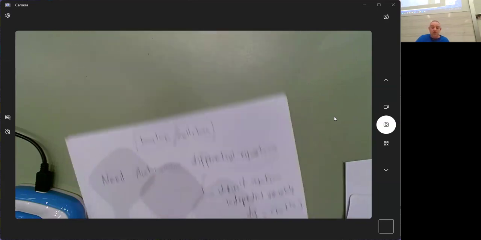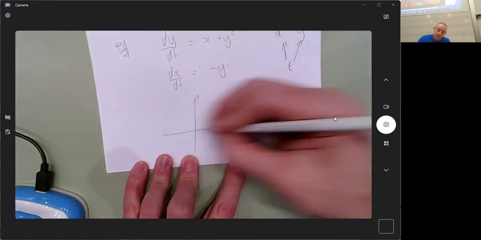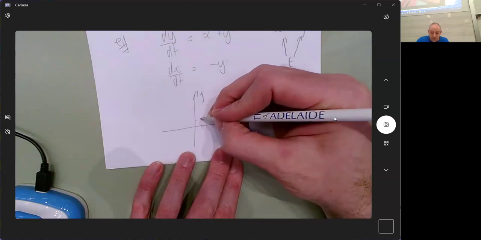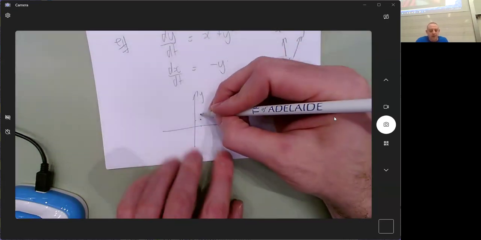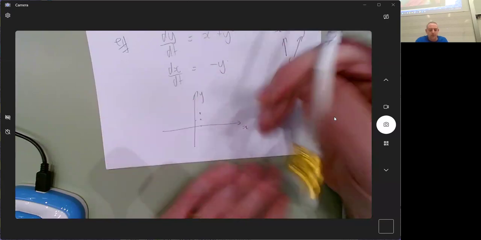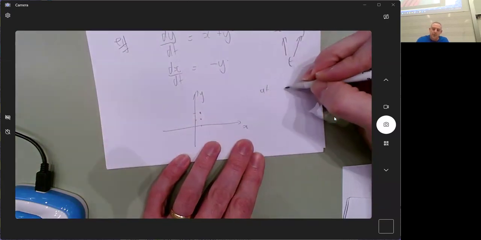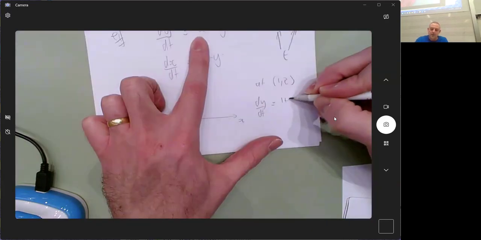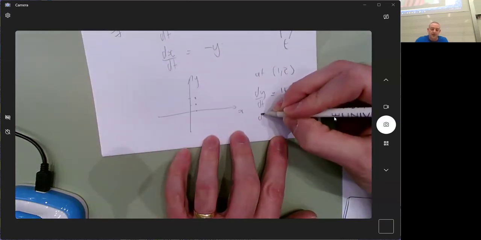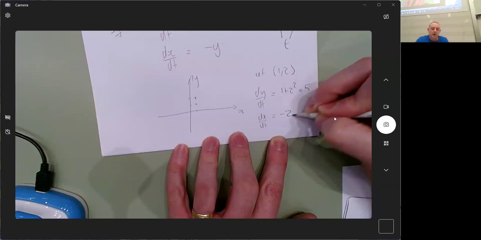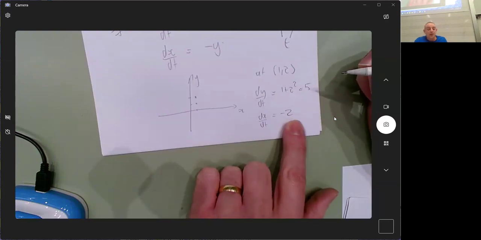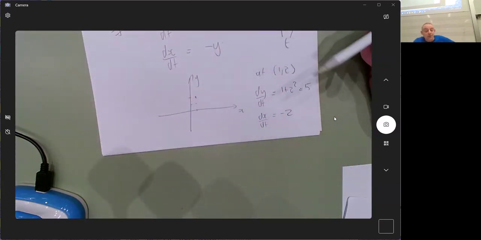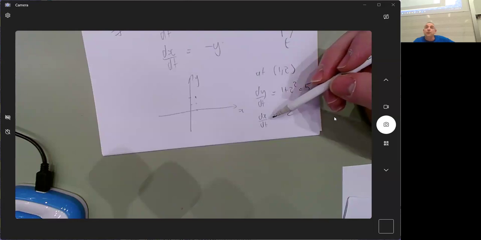If I've got, for example, the point 1, 2, then dy on dt is 1 plus 2 squared, which is 5, and dx on dt is minus y, which is minus 2. So the rate of change of y is 5, and the rate of change of x is minus 2.